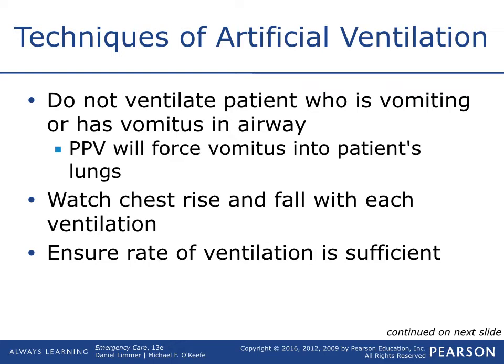Make sure oxygen is getting in there. Ensure rate of ventilation is sufficient. Watch that pulse ox, watch their skin color, watch their pupils. Make sure the rate of ventilation you're doing for them is sufficient, that it's not hyperventilation, and you're not making them hypoxic.